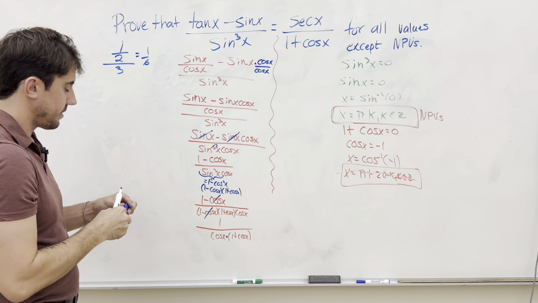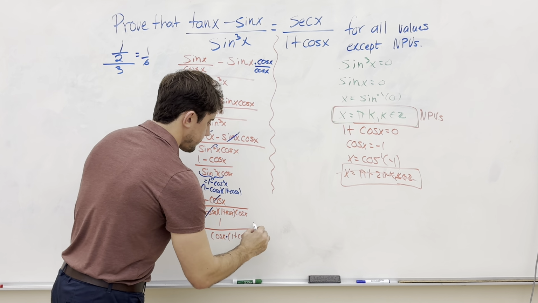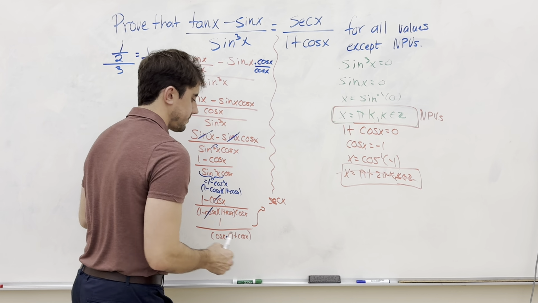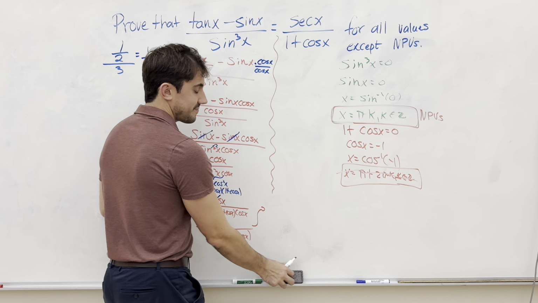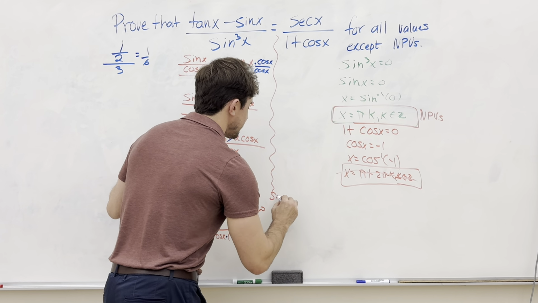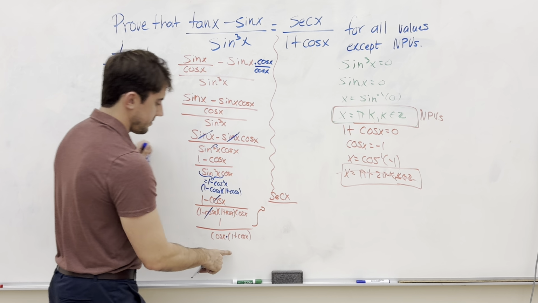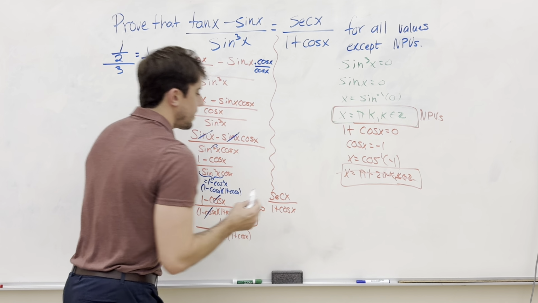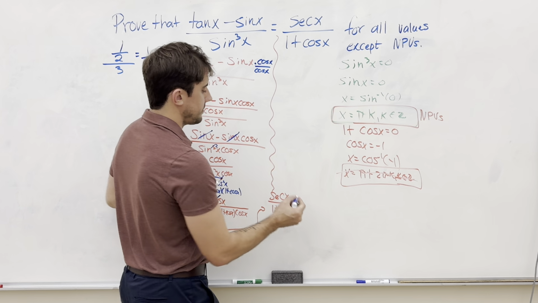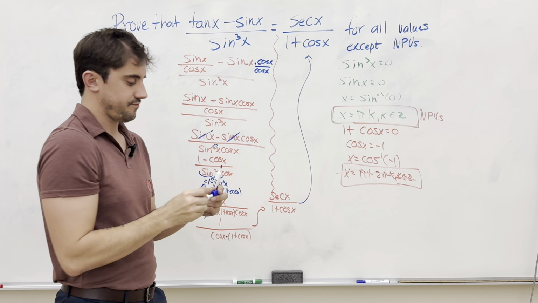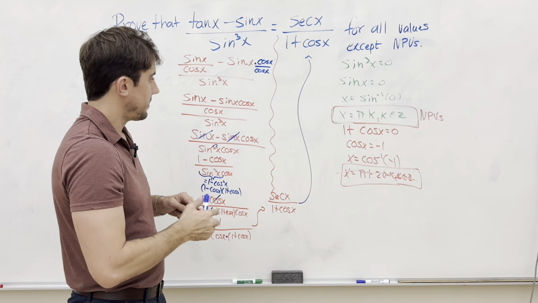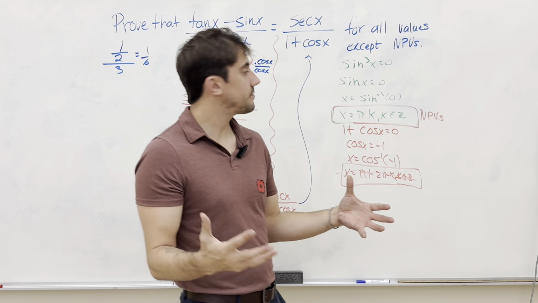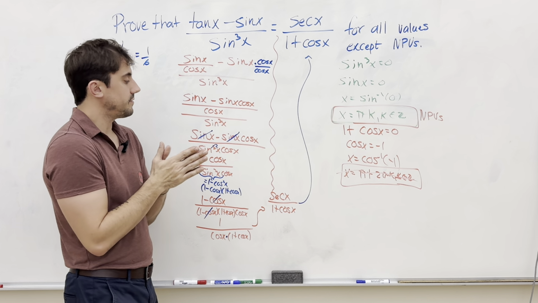And so that means that we can write this as secant x over the remaining factor in the denominator. That's 1 plus cos x. And that is exactly what we wanted to get to. And so there we go. This here proves that our identity is in fact an identity for all values except our NPVs.